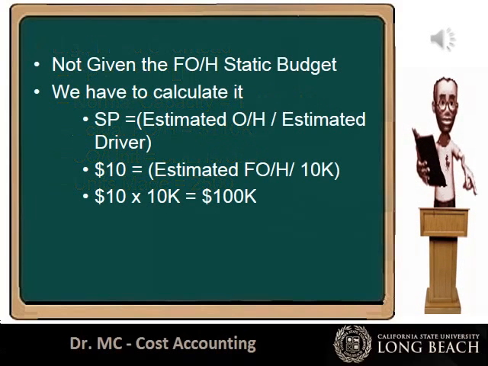The fixed overhead budget was not given, but you can calculate it. The standard price of $10 per direct labor hour was calculated by dividing the fixed overhead budget by 10,000 direct labor hours. Thus, if we multiply $10 per direct labor hour times 10,000 direct labor hours, we can derive that the fixed overhead budget was $100,000.